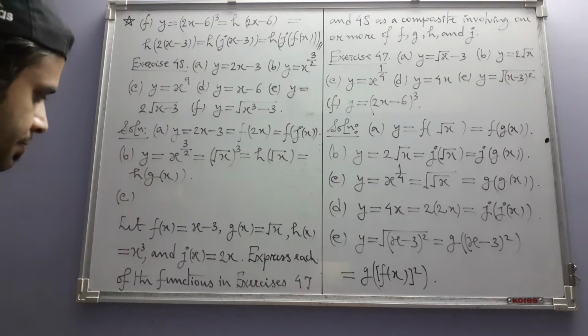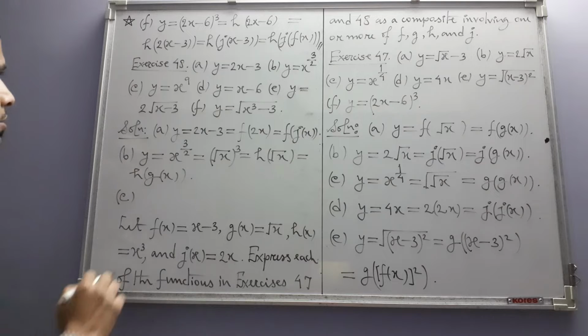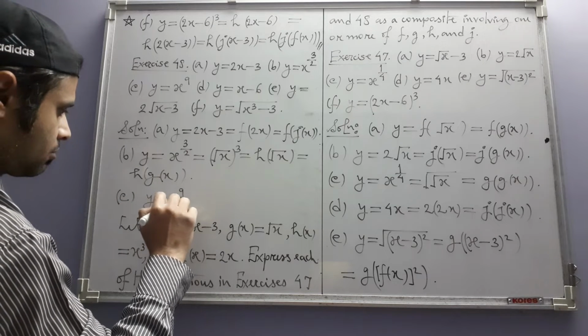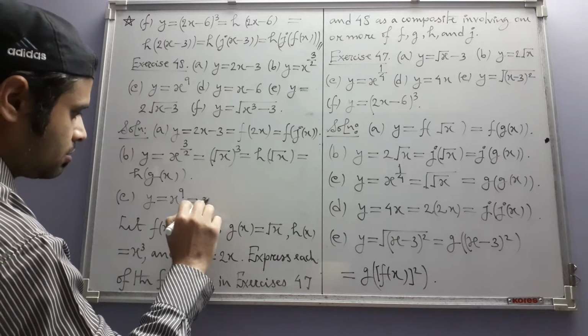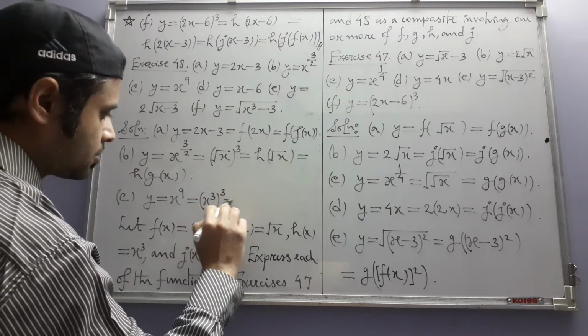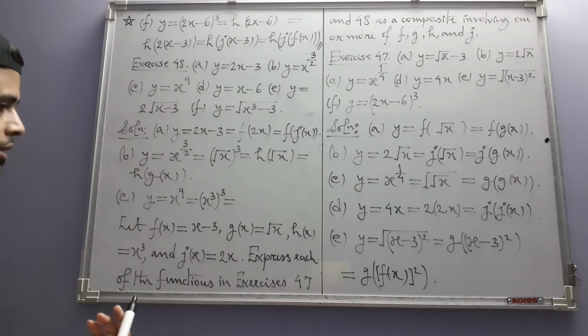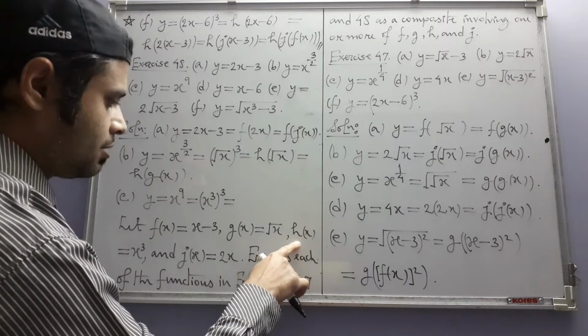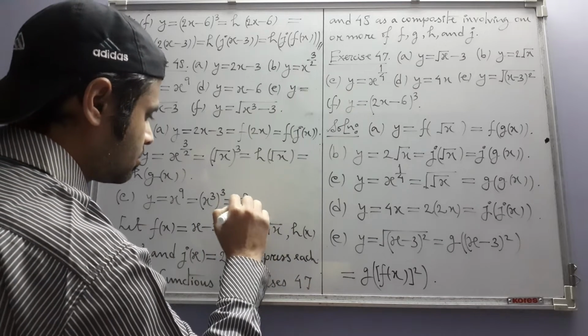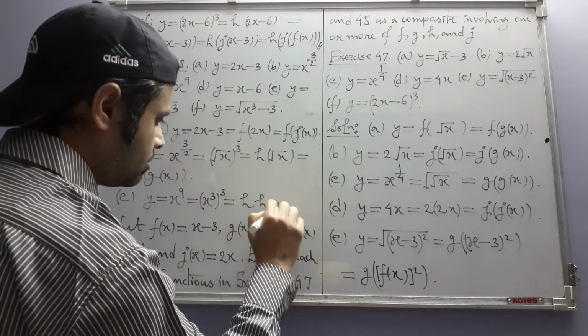C, C is x to the power 9. This is the cube of the cube of x, which you can clearly see is h applied on x 2 times, so h of h of x.